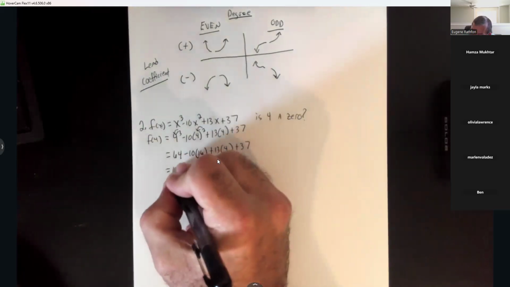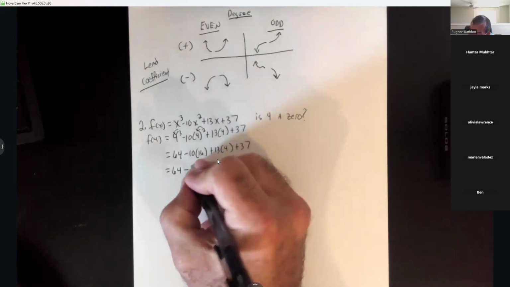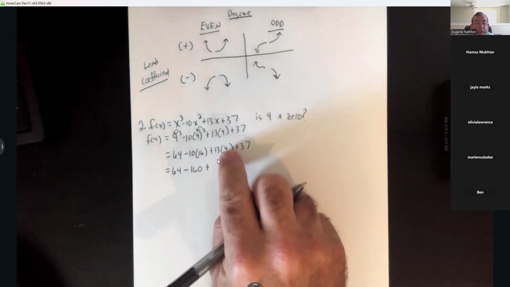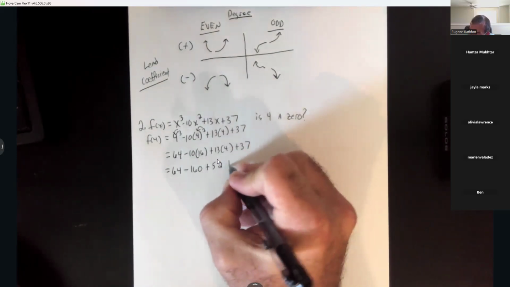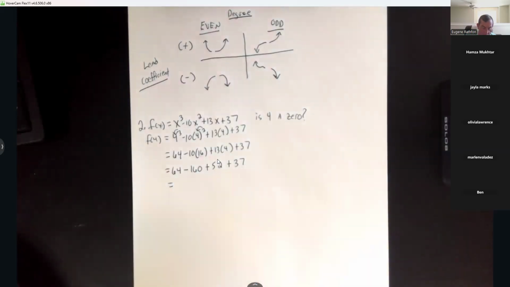So I'm going to bring down my 64 minus 10 times 16 is 160 plus 13 times 4 is 52 plus 37. So now, y'all, we would just throw that in the calculator and see what we get. 64 minus 160 plus 52 plus 37.